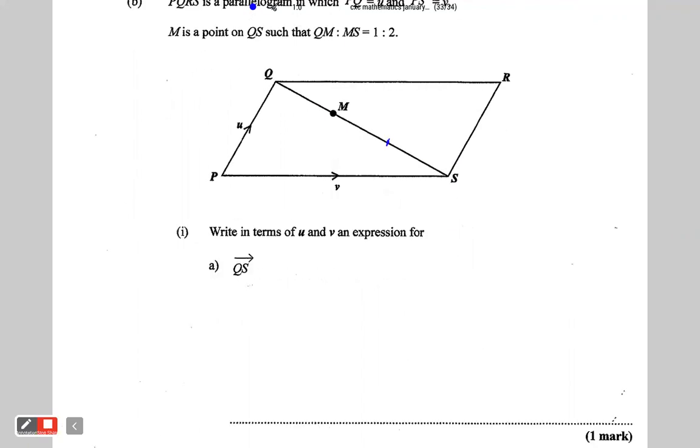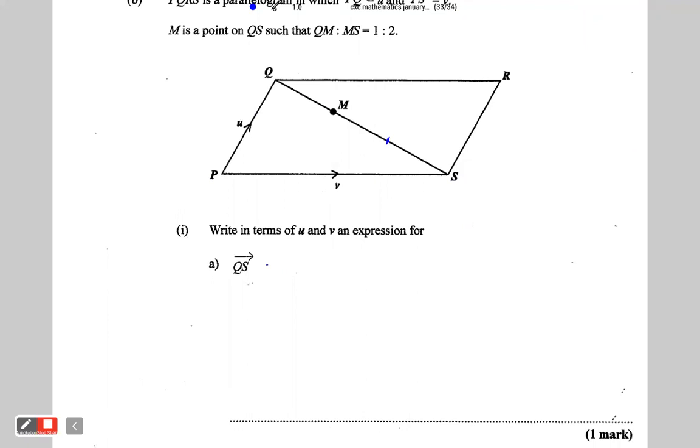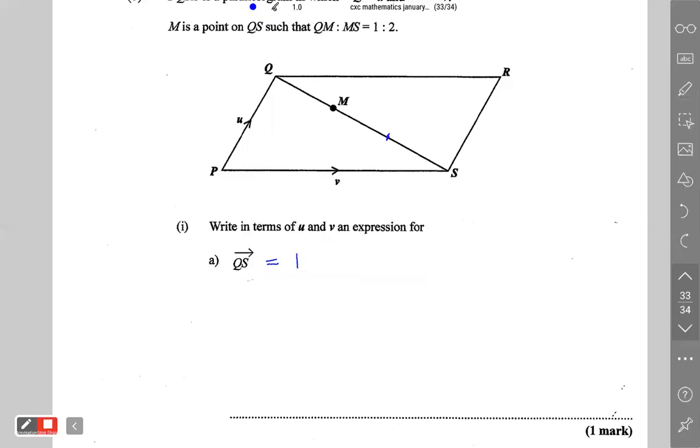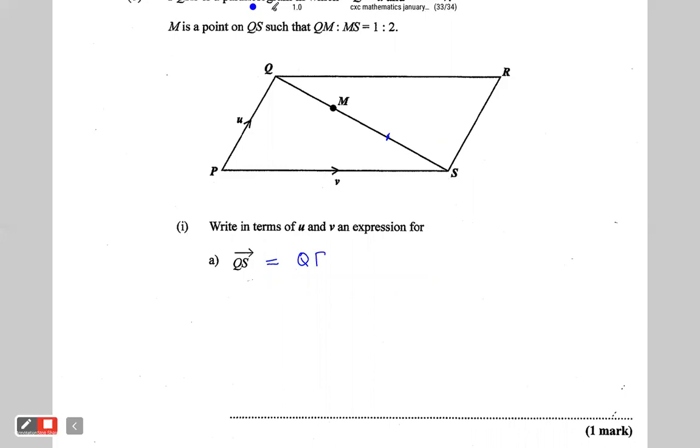So using the triangle law of vectors, the vector QS is equal to the vector QP plus the vector PS. This is the triangle law of vectors.